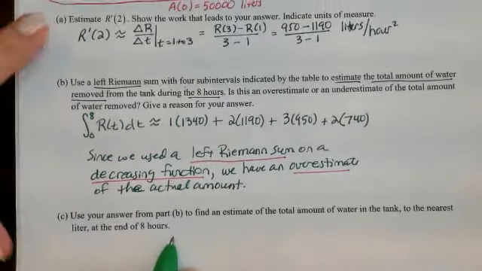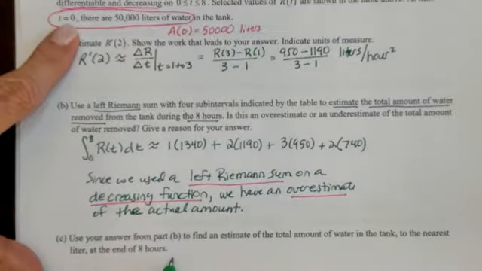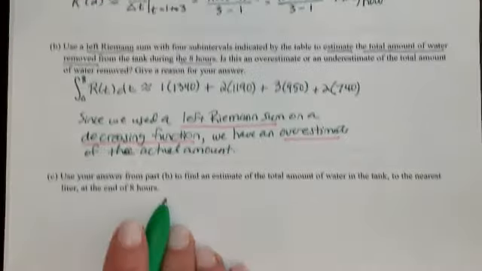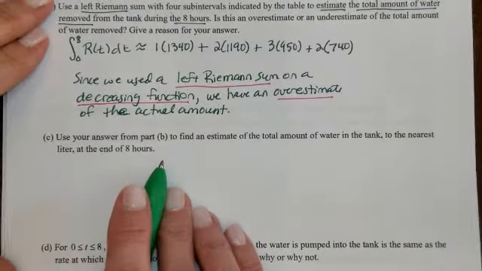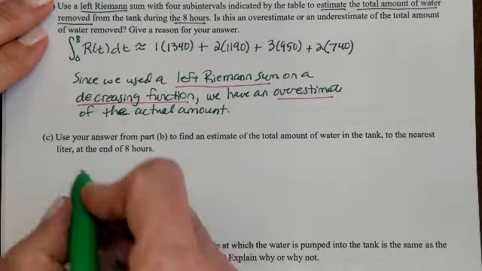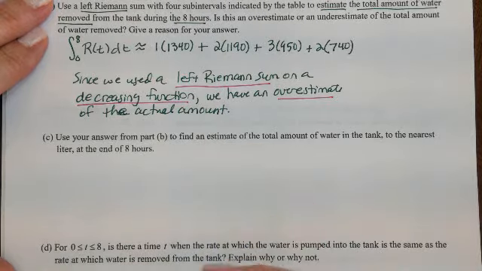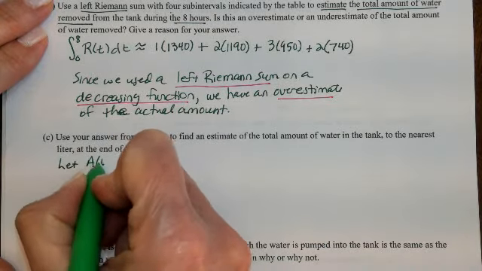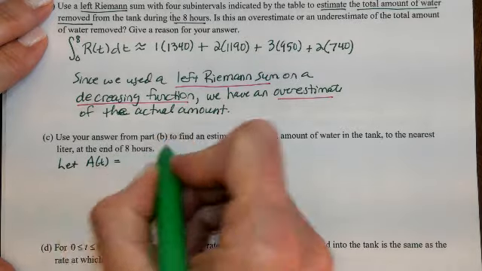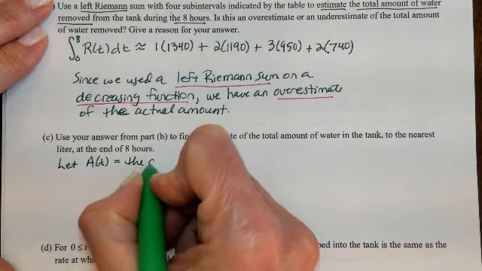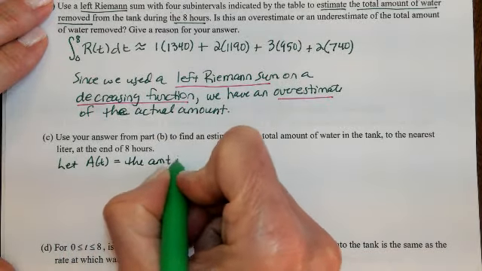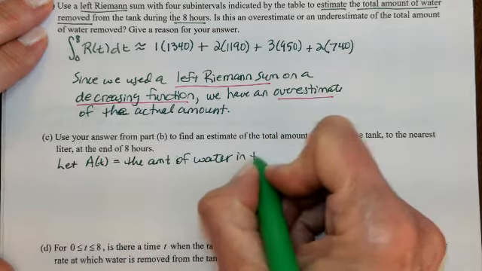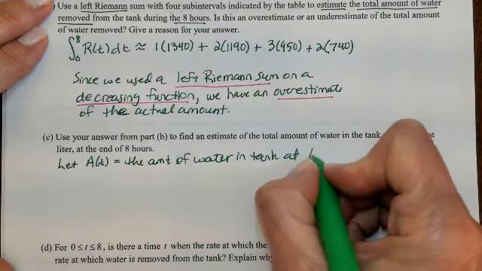We have the total amount of water that we start with, and we want the amount at 8 hours. So we are going to set up a fundamental theorem of calculus. But first I need to tell them what my A is. So I'm going to say let A of t be the amount of water in the tank at time t.